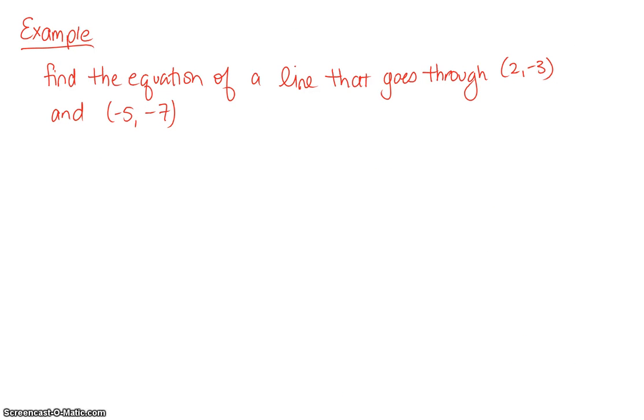The first type of example we're going to look at in this unit is determining the equation of a line that goes through two particular points. Now we can find the slope quite easily by using these 2 points. We know that we've got y2 minus y1 all over x2 minus x1. So we're using everything from last unit.